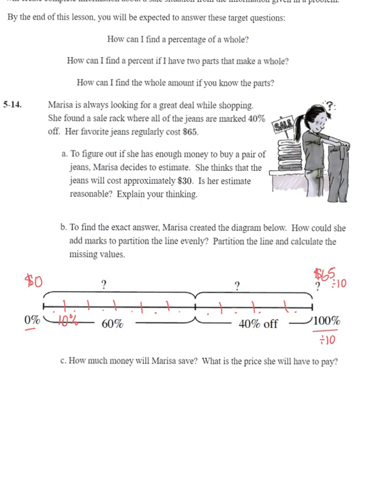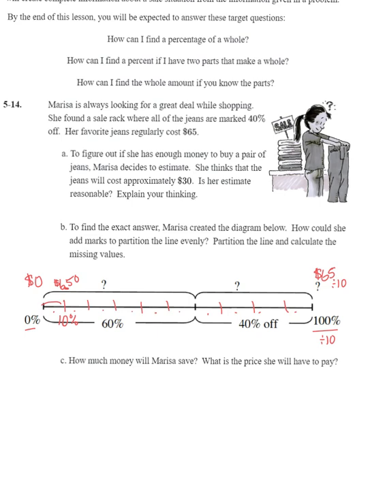So on the top, I'm going from $0 at 0% to $65 at 100%. If I divide that by 10, it's going to give me $6.50, which is how much 10% of the cost of the jeans would be. So that means that each of these pieces is $6.50.